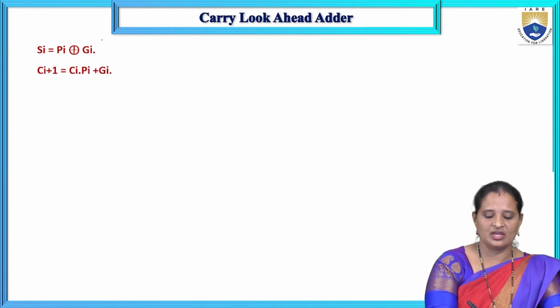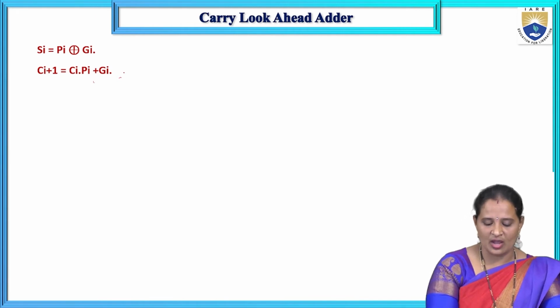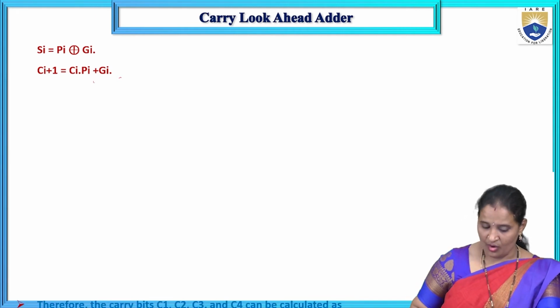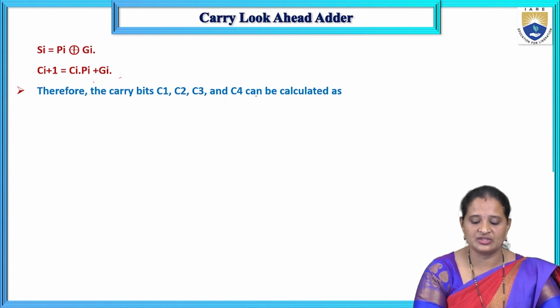So here these are the equations for getting the sum and carry output. SI equals PI XOR CI, and CI plus 1 equals CI into PI plus GI. Therefore, the carry bits C1, C2, C3, C4 can be calculated as follows.